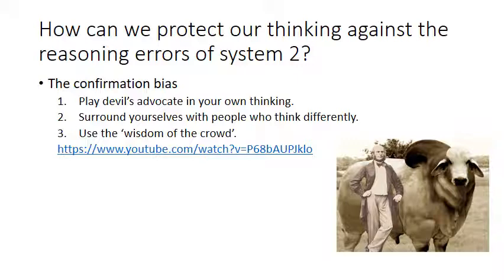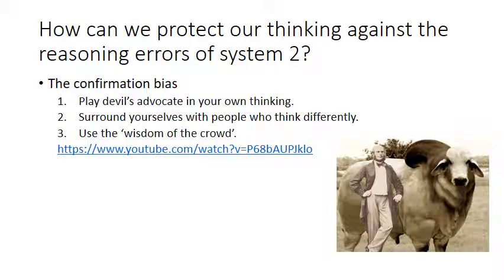But we can also protect our own thinking against the confirmation bias. And if there's anything we should learn to do as critical thinkers, it is this: protect ourselves against this important confirmation bias. And the first way to do so is to play devil's advocate in our own thinking. So spontaneously, as mentioned many times before, we're not inclined to do so.